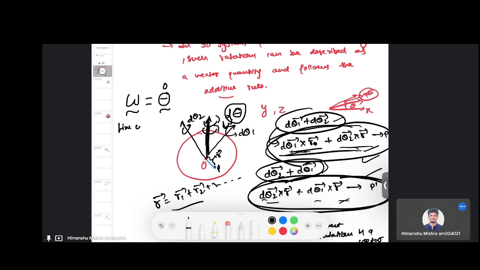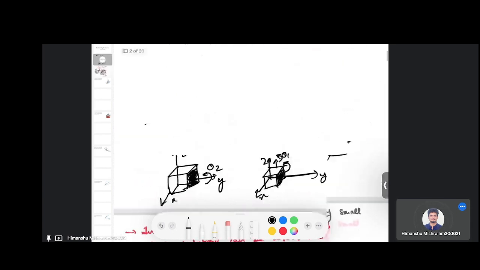The line which specifies the direction of omega and is collinear with d theta is known as the instantaneous axis.